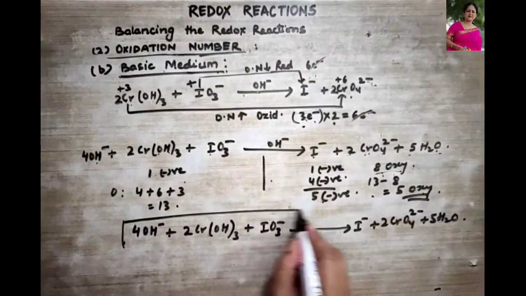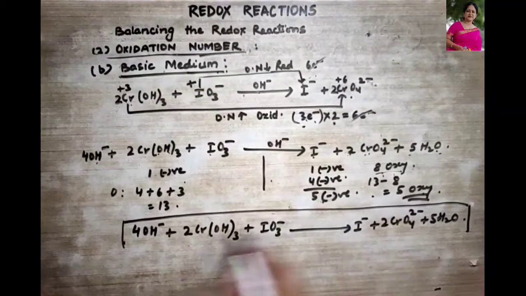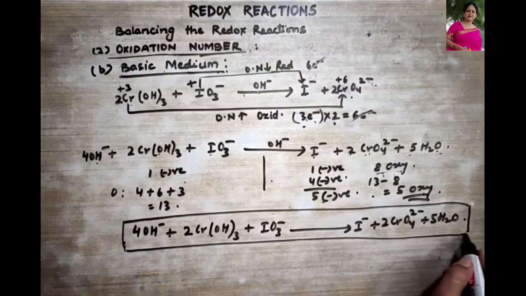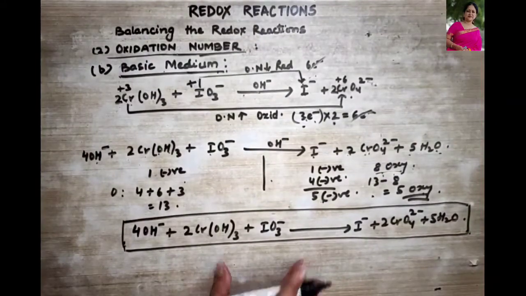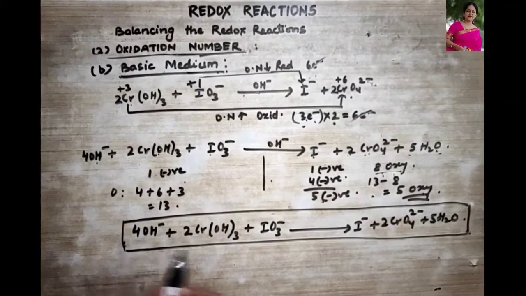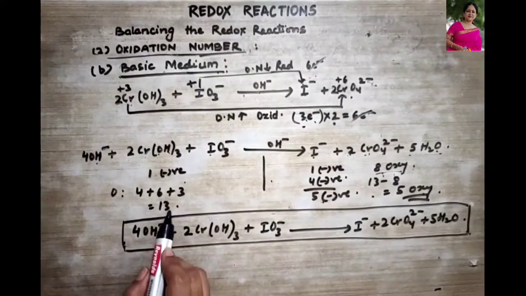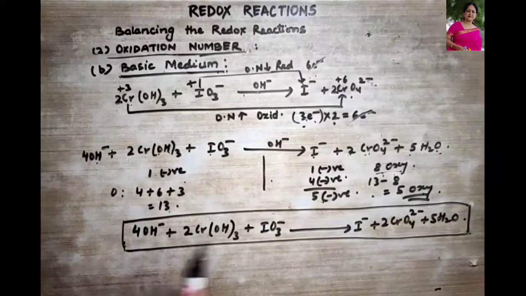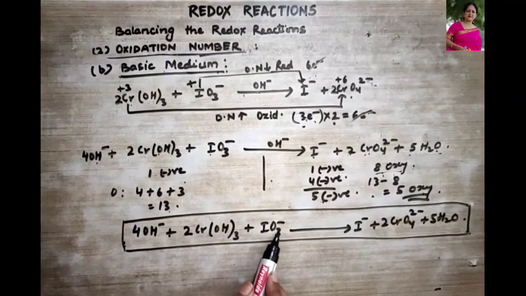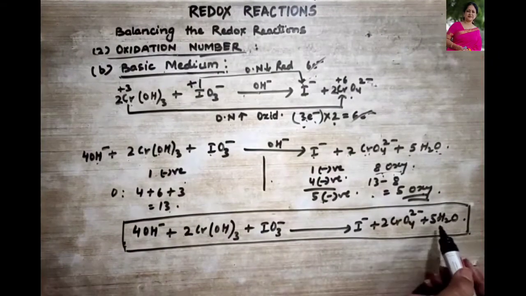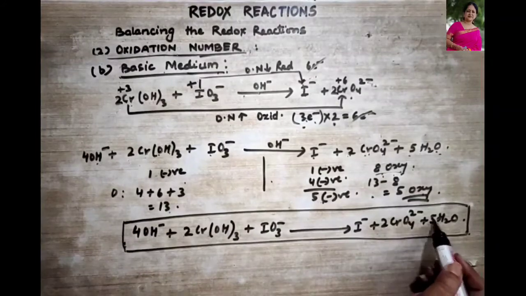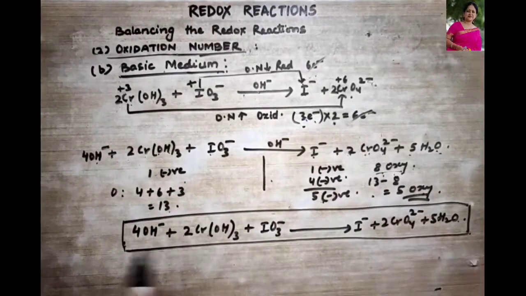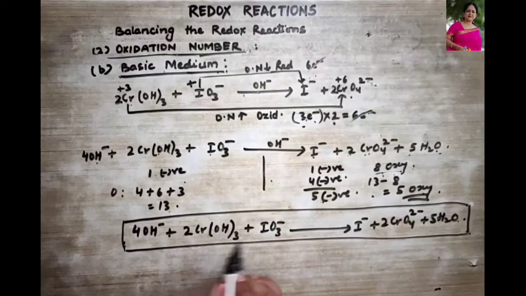This equation that I have written over here is now your balanced equation, right? So let us check this. As I have already seen, oxygen is how many? 13: 4, 3 2s are 6, 10 and 3 oxygen, 13. Over here 4 2s are 8 and 5, 13 oxygen, balanced. Chromium was already balanced, iodine was already balanced. Let's check hydrogen.